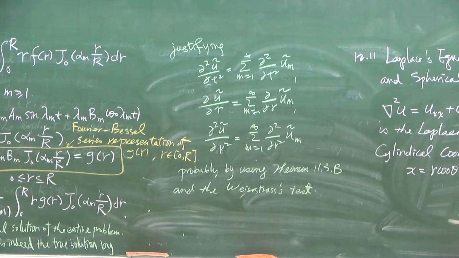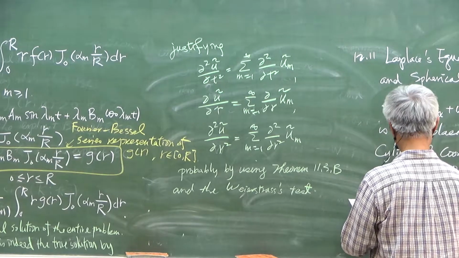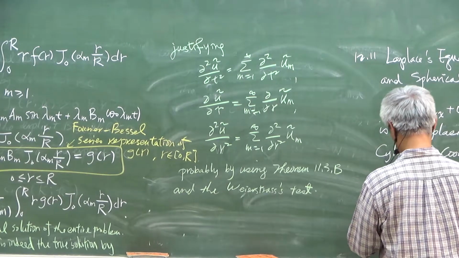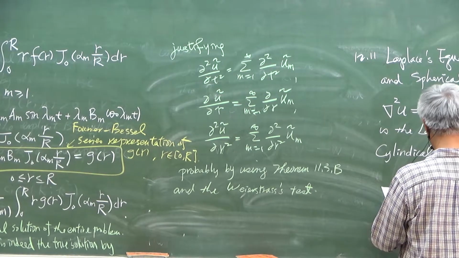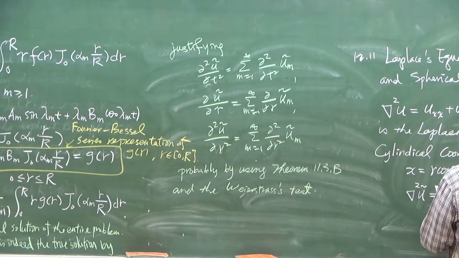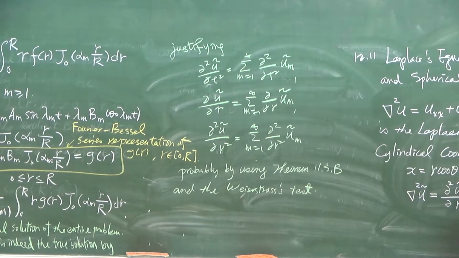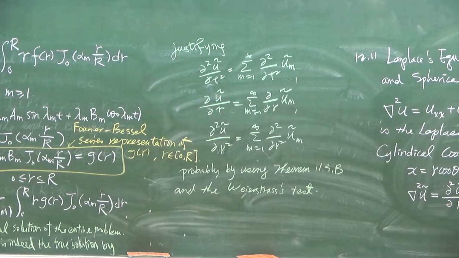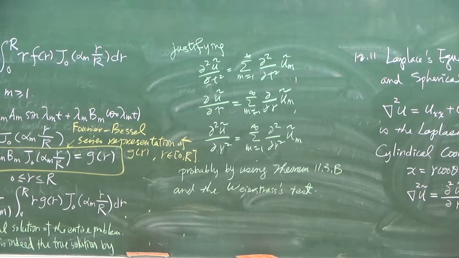All right, this is coordinate transformation, so that the Laplacian becomes very similar to the Laplacian in polar coordinates plus the second derivative in z, and this is equal to 0.